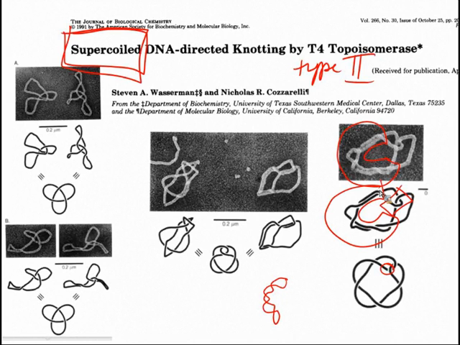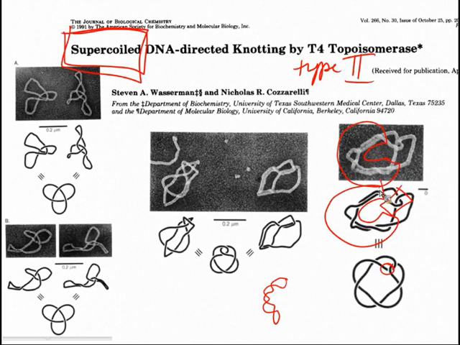And so we've got topo 2, and actually you could use ATP or you could use AMP-PNP, a version similar to ATP, but so you can only act once, or use a very low concentration.